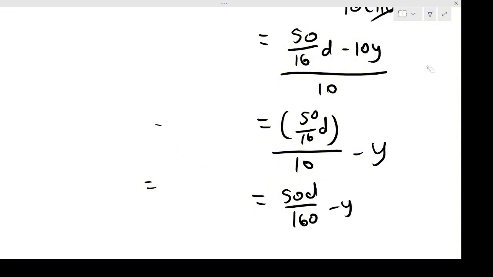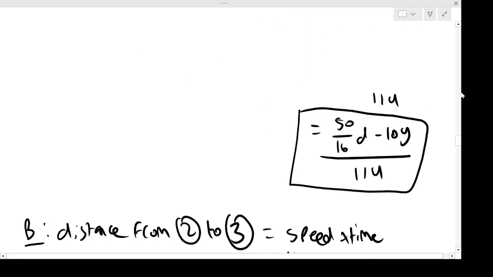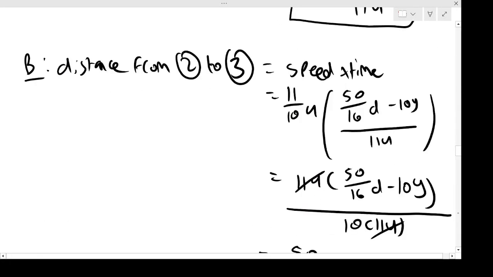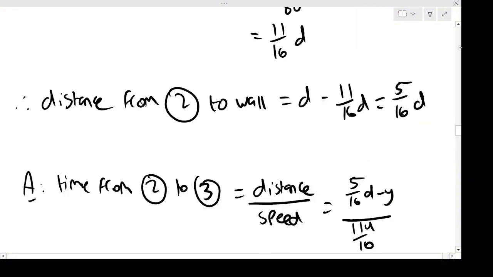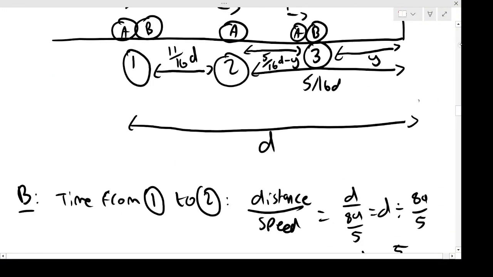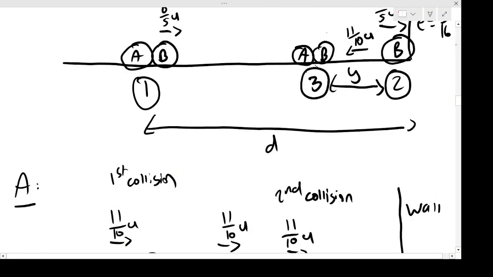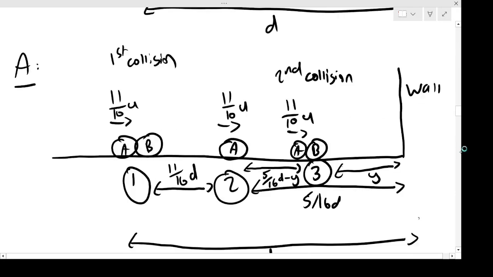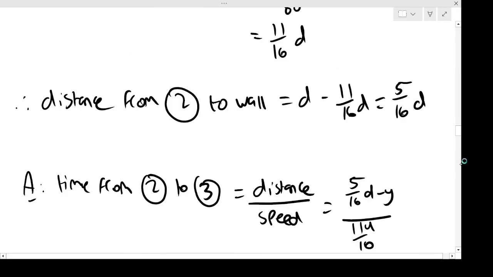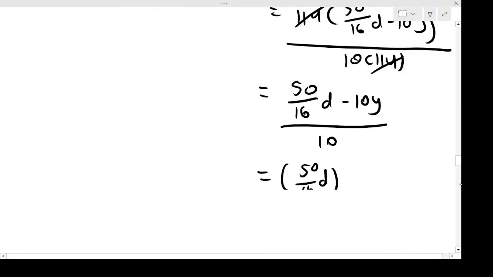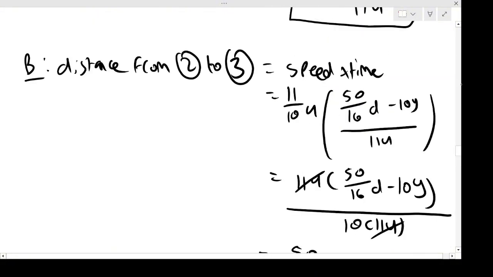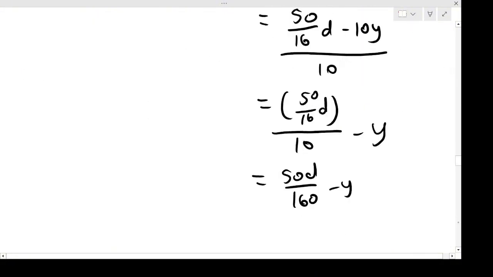So we should get to this answer here, but remember we're working out the distance from point 2 to point 3 for B. If we have a look at our diagram, to remind you, the distance from point 2 to point 3 for B is y, right? So this is equal to y, right? So therefore this whole expression equals y.